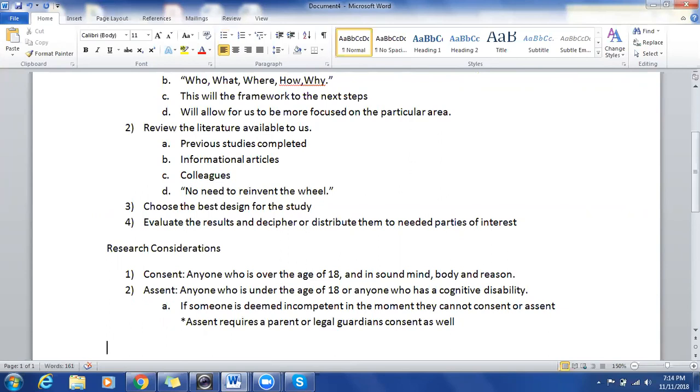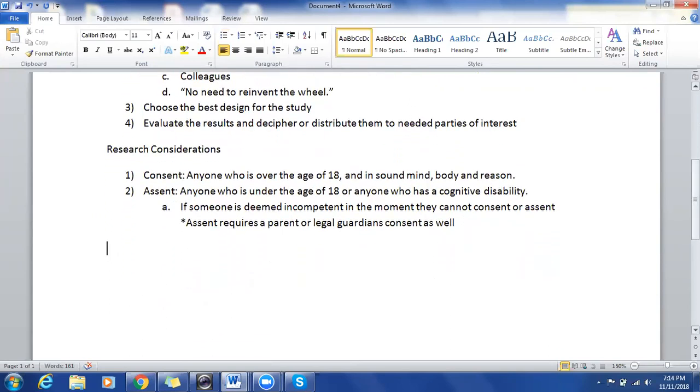And then we get into the actual nuts and bolts of research. So research concepts/designs. Within here, we have two studies. We have quantitative and we have qualitative.